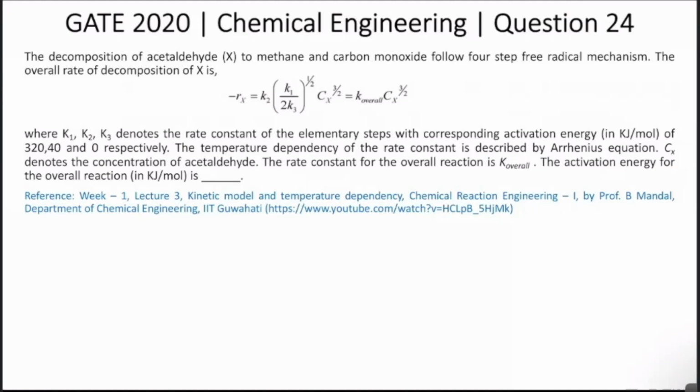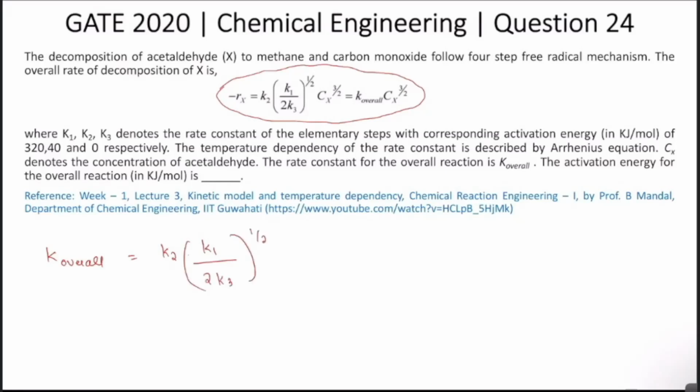The rate equation has three rate constants K2, K1 and K3. So we can write K overall is equal to K2 into (K1 by 2 K3) the whole raised to 1 by 2.